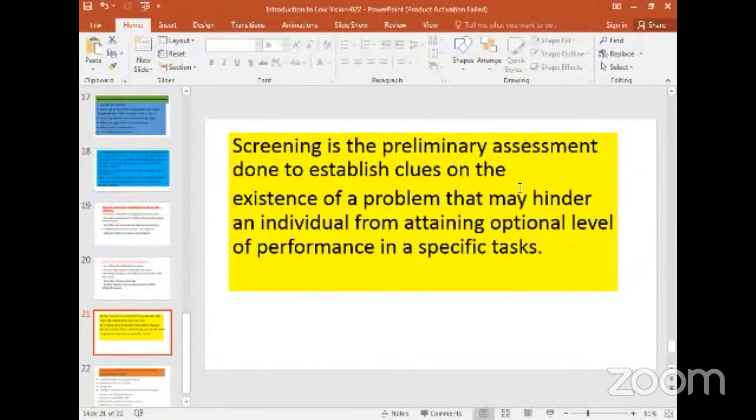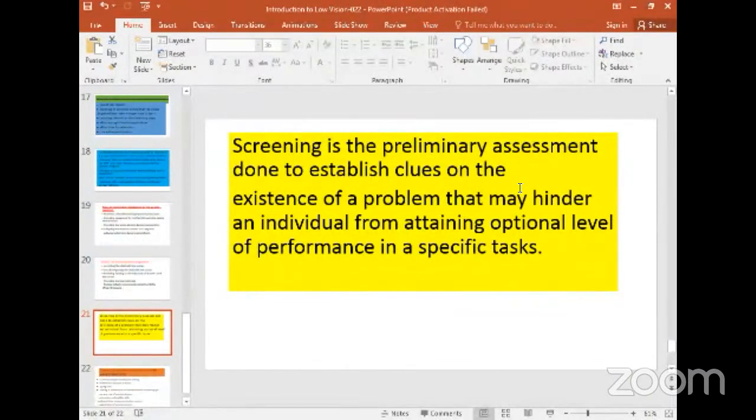learning. So we define screening as the preliminary assessment, and this assessment is done to establish clues on the existence of a problem. This problem may hinder an individual from attaining an optimal level of performance in specific tasks.